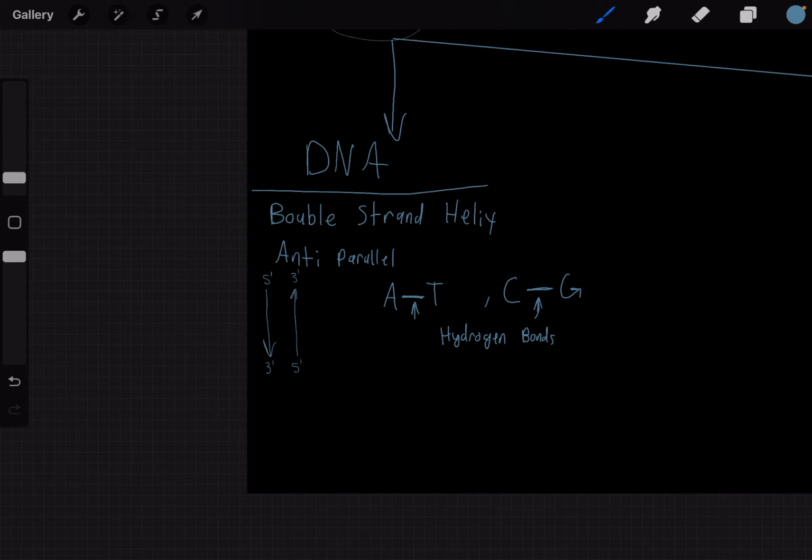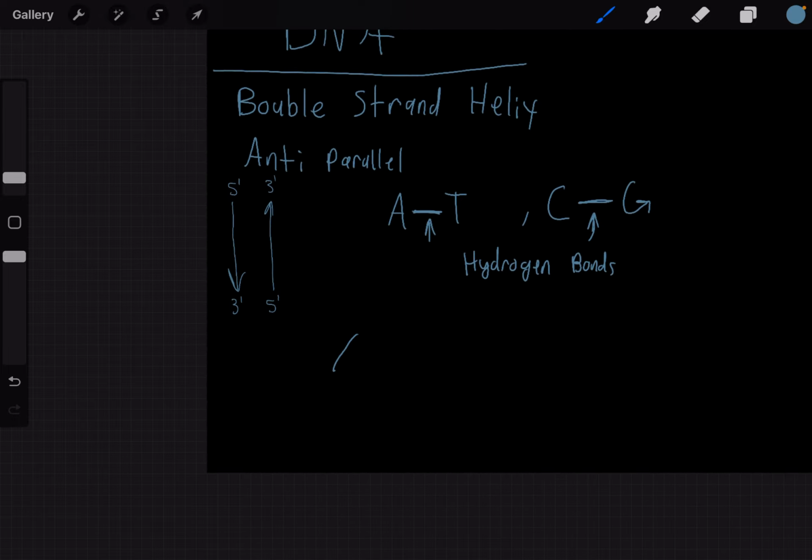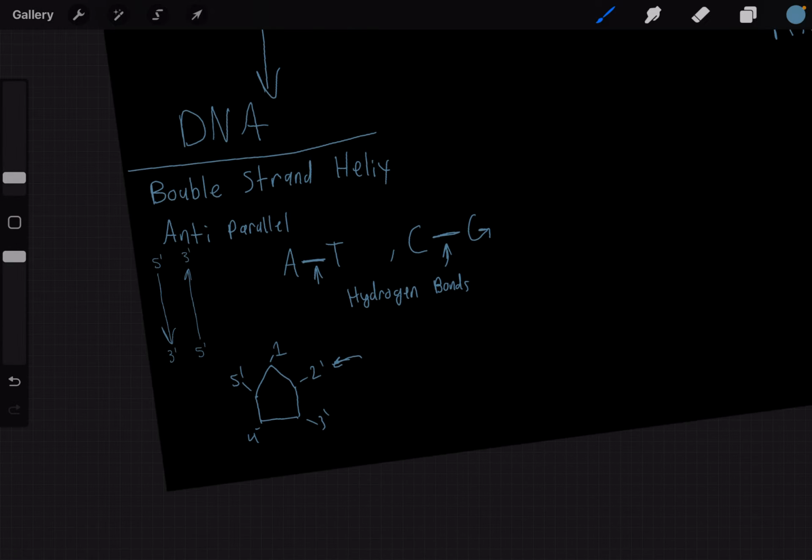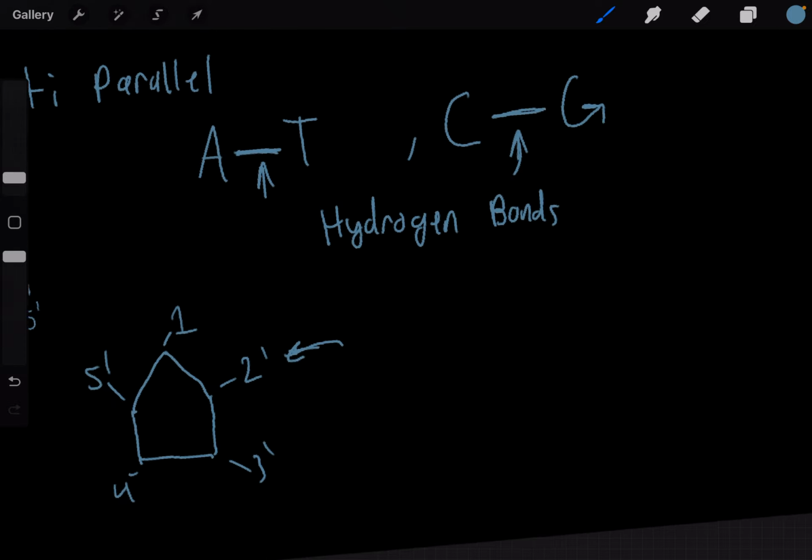And the last main thing is on the 5 carbon sugar, where there's a 1 prime. The second prime right here determines whether it's DNA or RNA.